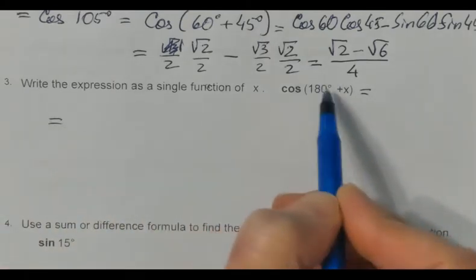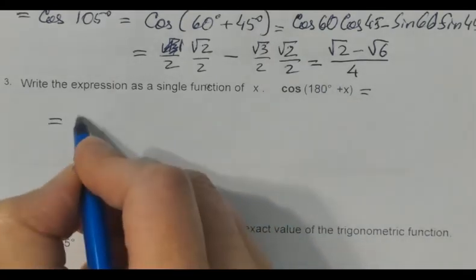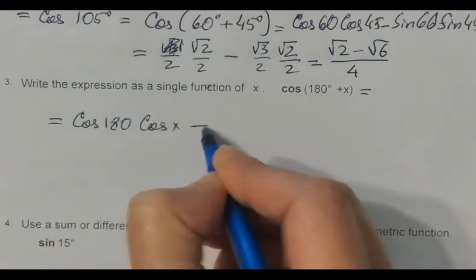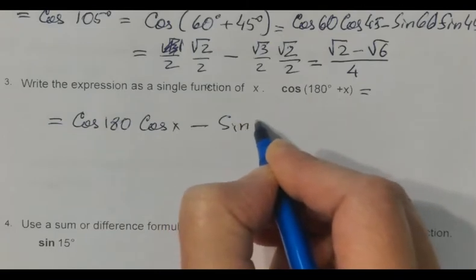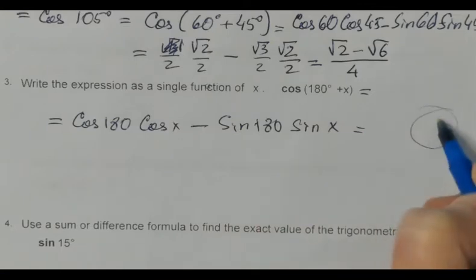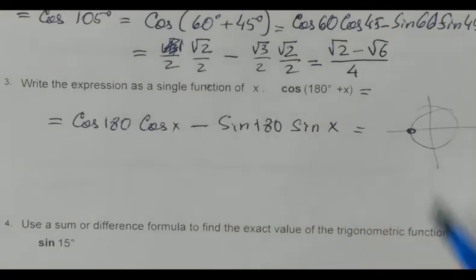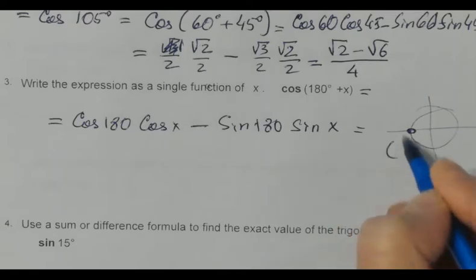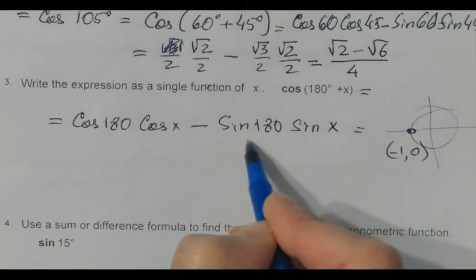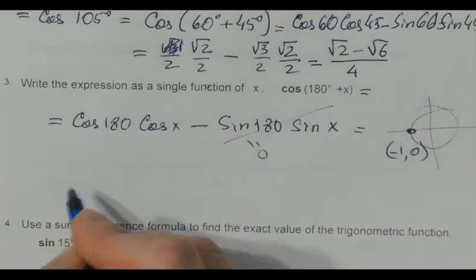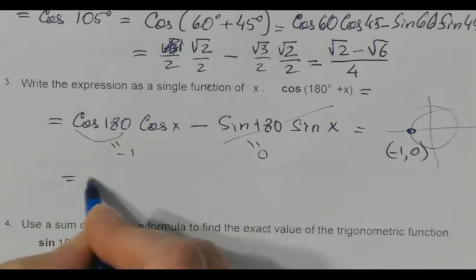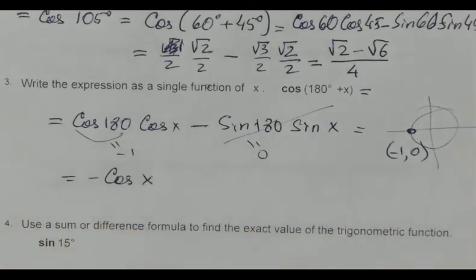We have cosine of 180 times cosine of x, minus sine of 180 times sine of x. 180 on the unit circle is here, so cosine, the x-coordinate, is negative 1 and sine is 0. So sine of 180 is 0, and the second term is 0. Cosine of 180 is negative 1, so this is equal to negative cosine of x.